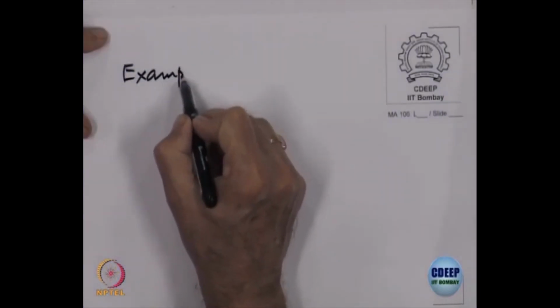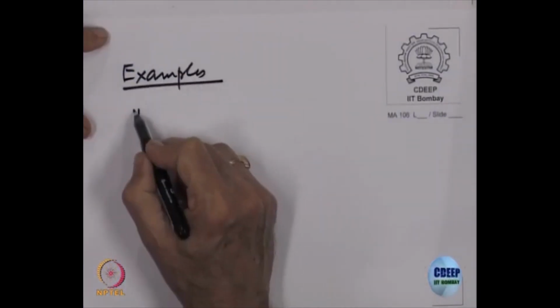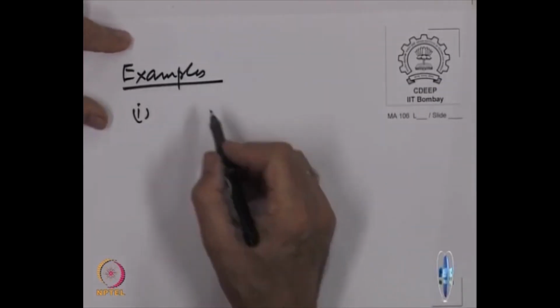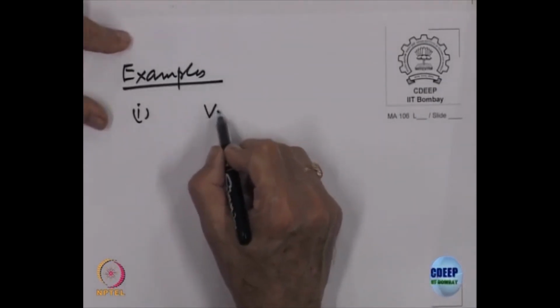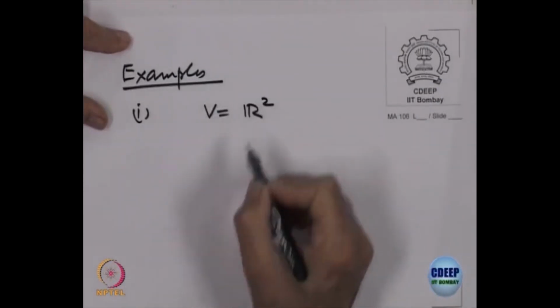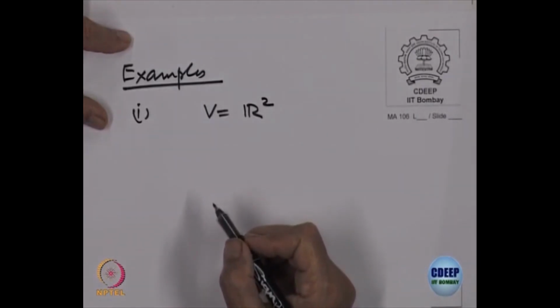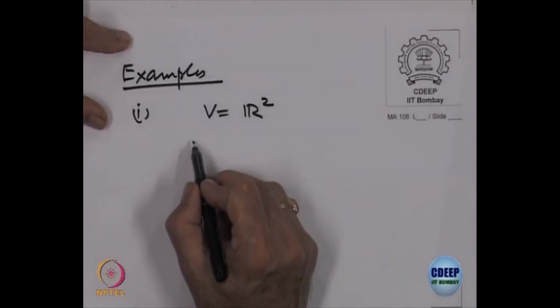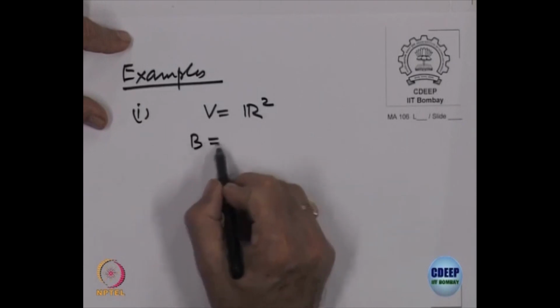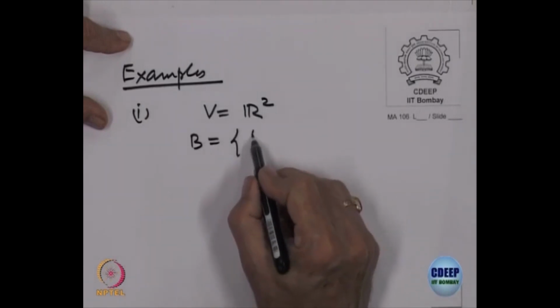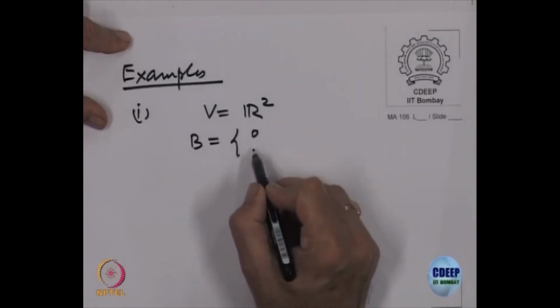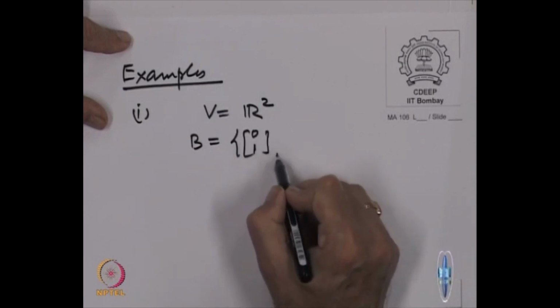So, examples. I think the best is the plane itself. So, let us look at V equal to R 2, and let us look at B, which we said just now: 0 1 and 1 0.